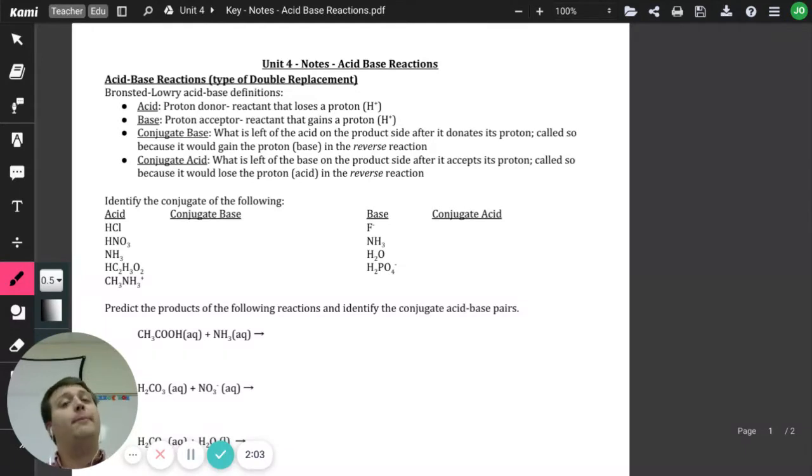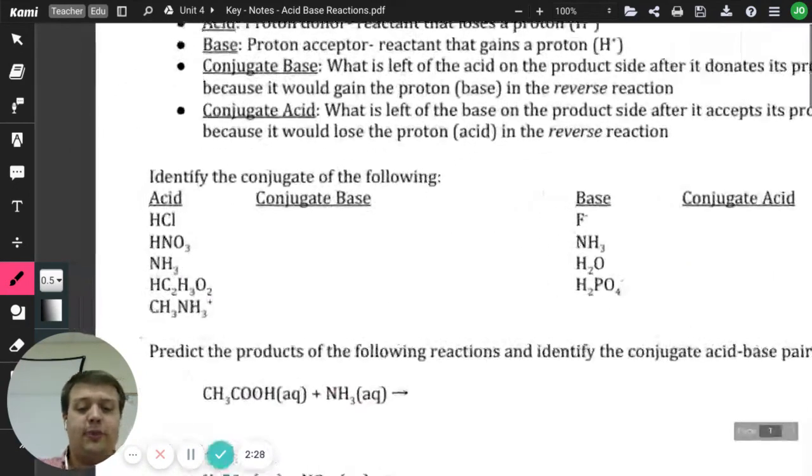Its conjugate base is what it becomes after it donates that. The conjugate acid is the opposite: the conjugate acid is the base after it has received its proton. So what we're going to do is identify, first off, what is a conjugate base and what is a conjugate acid.